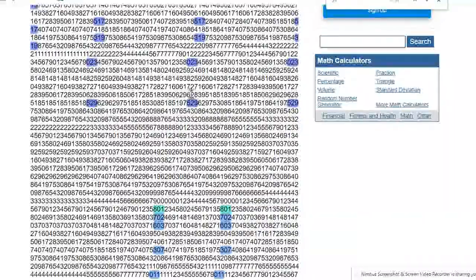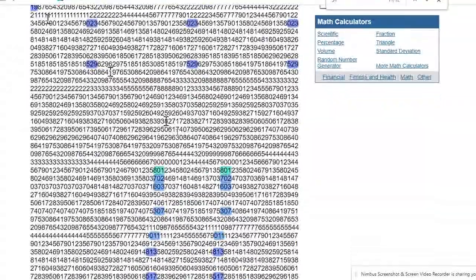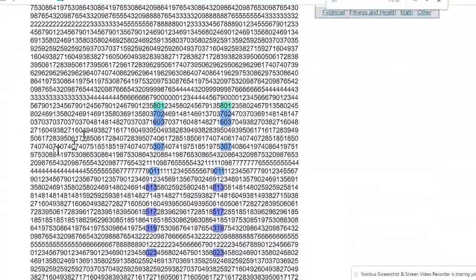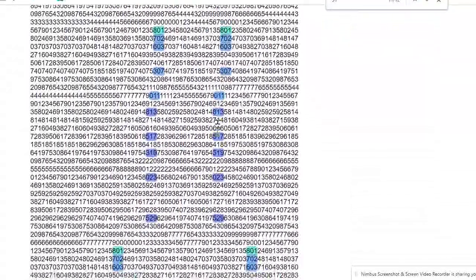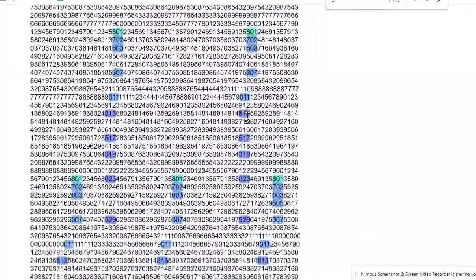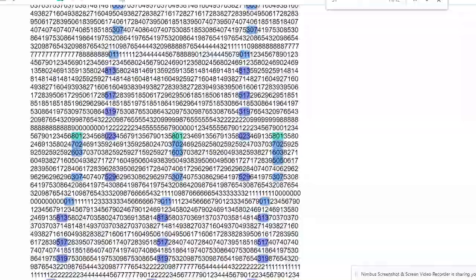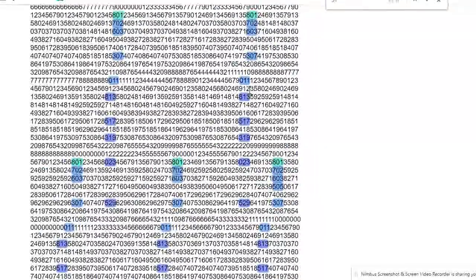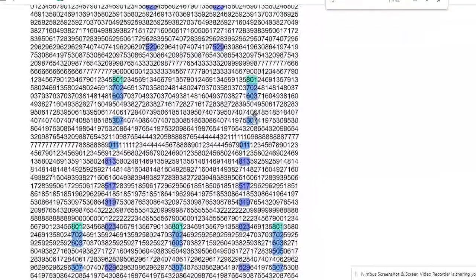Every one of these primes falls within one of those patterns. They're not just out here randomly. Every one of them is on the lines that the patterns have made of the 714, which is the cutting wave. So the 714 has cut in this pattern, and the primes are on that. That's what's left behind.